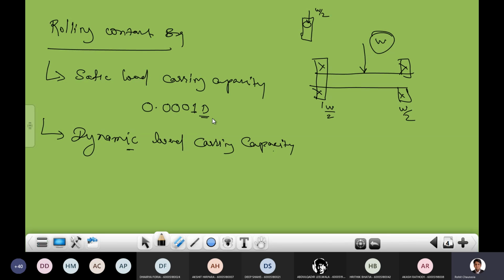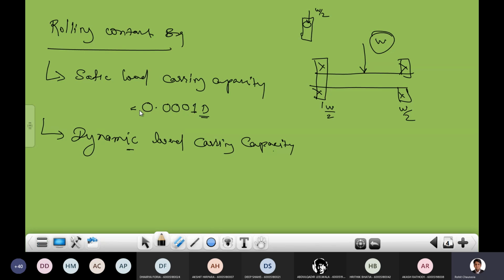Once you know the ball diameter, with its help you need to find the maximum deformation. The maximum deformation should be equal to this, so that the deformation is acceptable. If the deformation is greater than this, it is not acceptable.